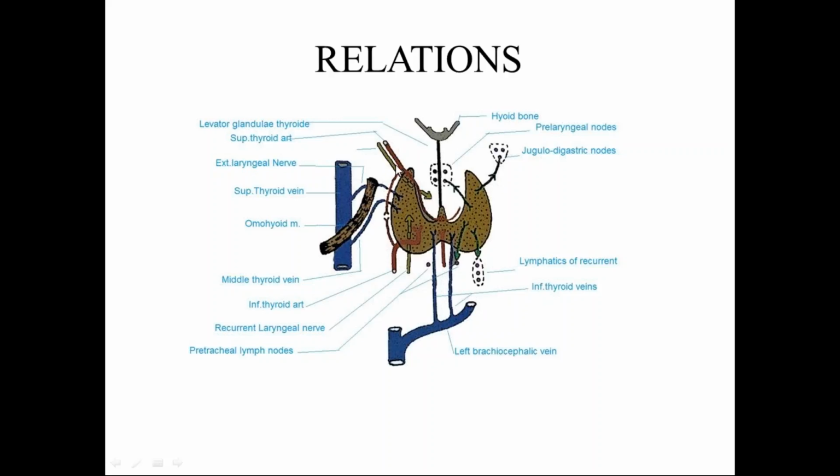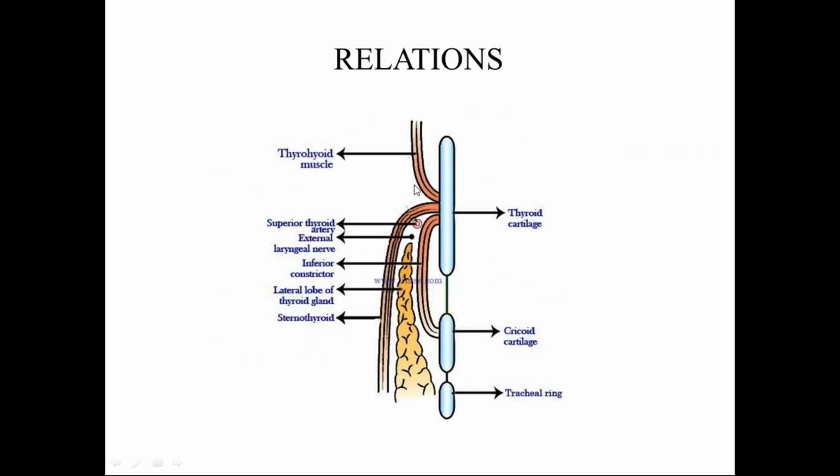It is also related to two muscles. As you can see here, it is related to inferior constrictor muscle, a muscle of the pharynx, and one more muscle is sternothyroid. So the relationships of the apex of the thyroid gland are four. One is external laryngeal nerve, 2 is superior thyroid artery, 3 is inferior constrictor muscle, and 4 is sternothyroid muscle.